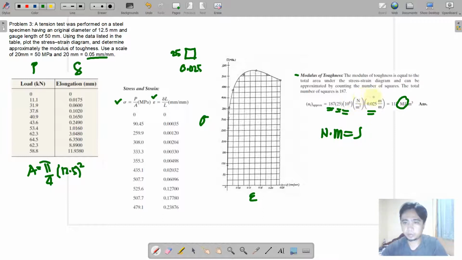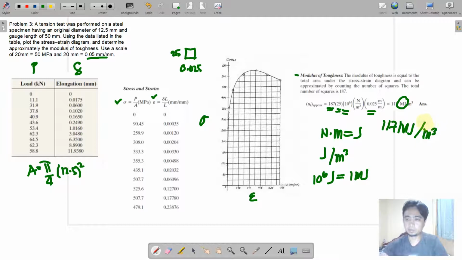So if we have the units here without this 1 million conversion factor, we'll just arrive with joules per cubic meter. Now 1 million joules is equivalent to 1 megajoule. That is why the 1 million here is present in order to come up with 117 megajoule per cubic meter. So this is the key to the solution.